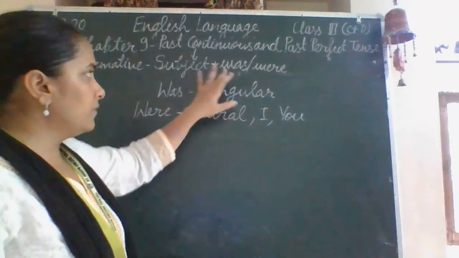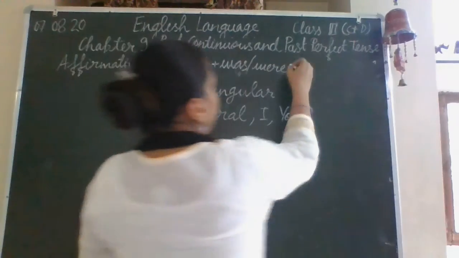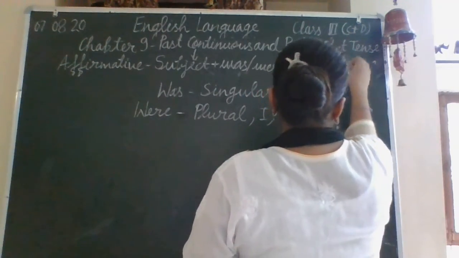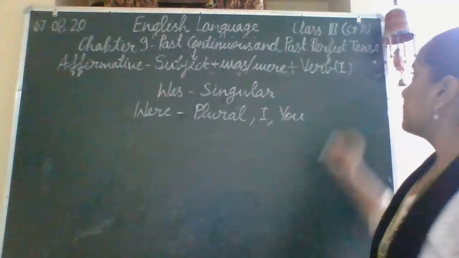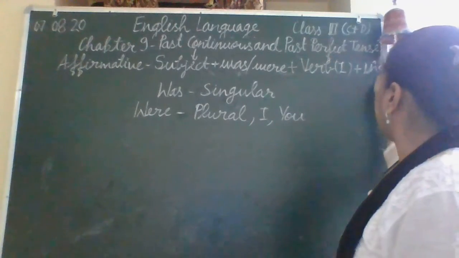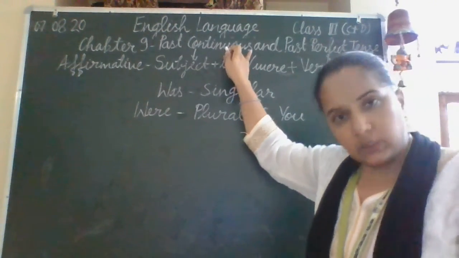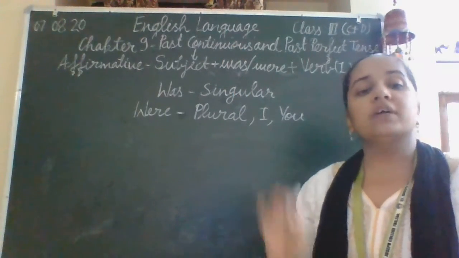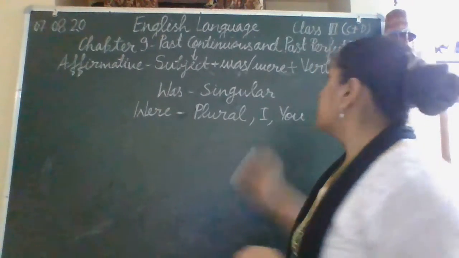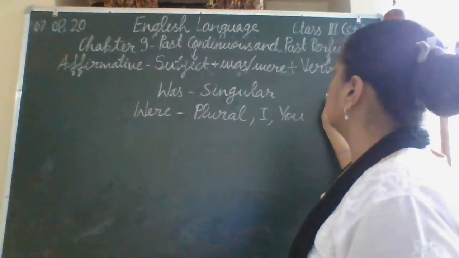So in this way we will use was and were, plus again the first form or the base form of the verb plus ing. Why ing? Because whenever we are talking about the continuous tense, we will always use the ing form of the verb, or we will put the ing with the base form of the verb.